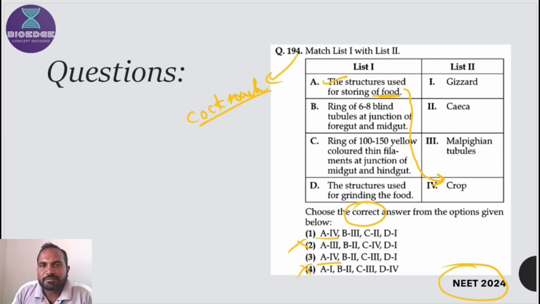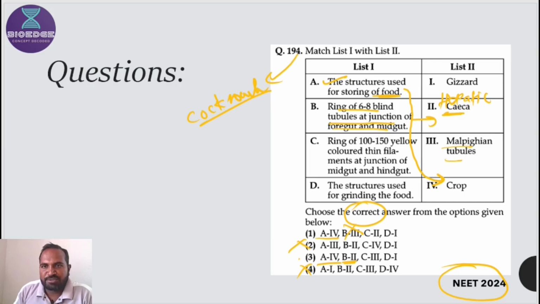So B third: a ring of 6 to 8 blind tubules at the junction of foregut and midgut. As you know, the ring of 6 to 8 blind tubules is known as hepatic caeca. Here only caeca is given. It is called hepatic because it secretes the enzymes. So B second. B second is given in the third option. That's why B third is wrong.